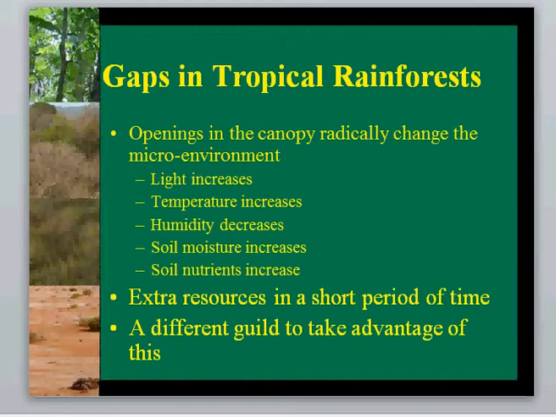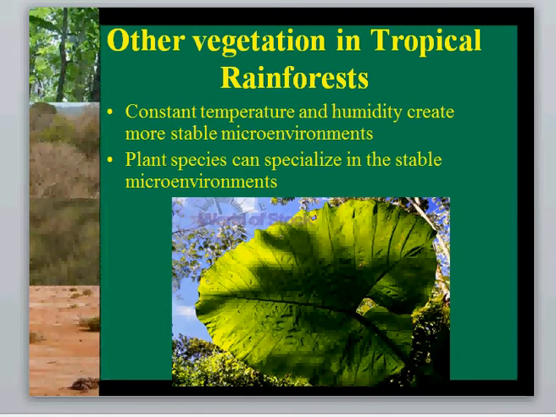But what I want to talk about finally in this lecture is some of the other vegetation in tropical rainforests, so the non-tree vegetation. Now these types of species have evolved to take advantage of that very stable, high humidity, lower temperature, but also very low light microclimate below the canopy of the rainforest. And these plants specialize in these stable microclimates.